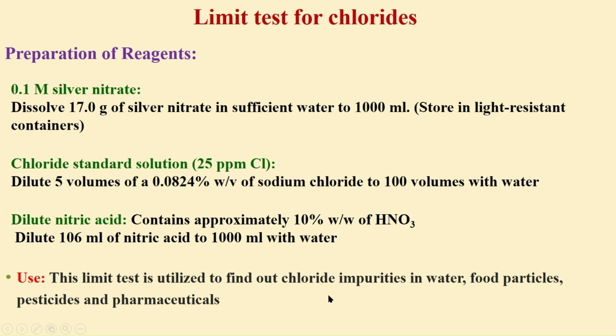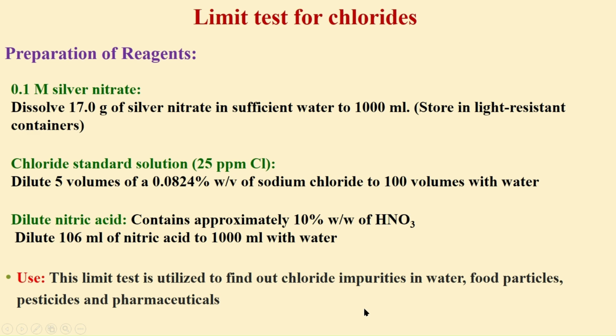If we use normal tap water, which also contains chloride ions, it precipitates in the form of silver chloride, and the sample which we take, which has chloride impurities, also gets precipitated, and we get wrong results.